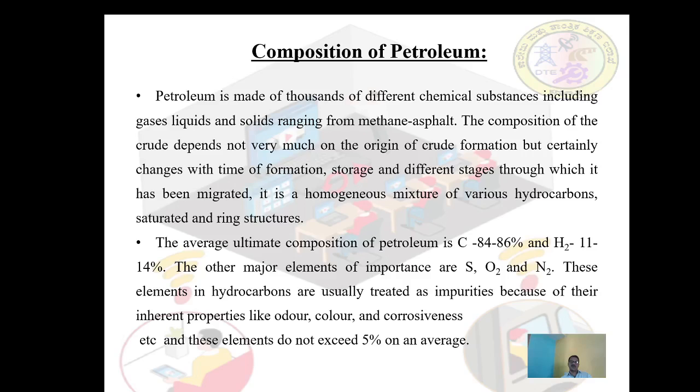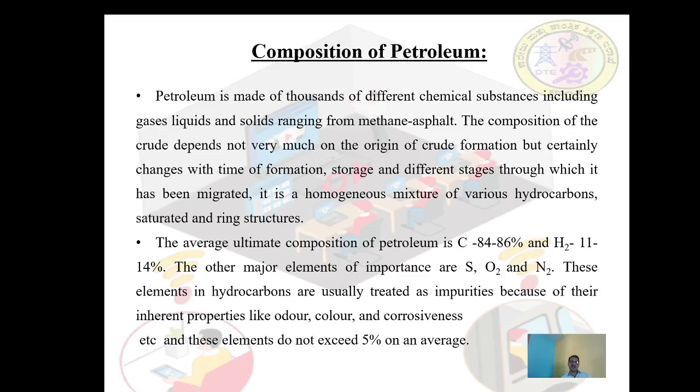The composition of the crude depends not only on the origin of the crude formation, but certainly changes with time of formation, storage, and the different stages through which it has migrated. It is a homogeneous mixture of various hydrocarbons, saturated and ring structures.